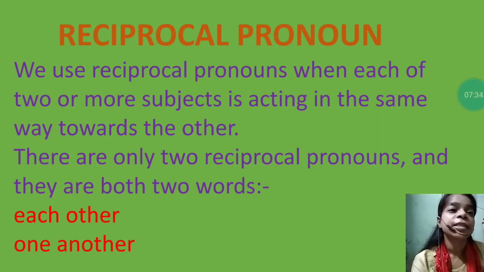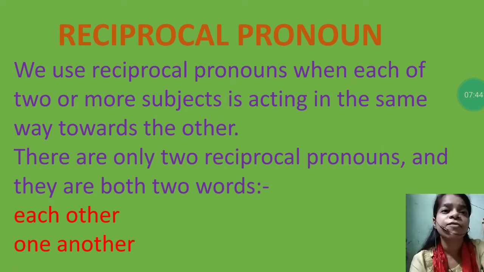Next one is reciprocal pronoun. What is a reciprocal pronoun? We use a reciprocal pronoun when each of two or more subjects is acting in the same way towards the other. There are only two reciprocal pronouns, and they are both two words. So what is a reciprocal pronoun?